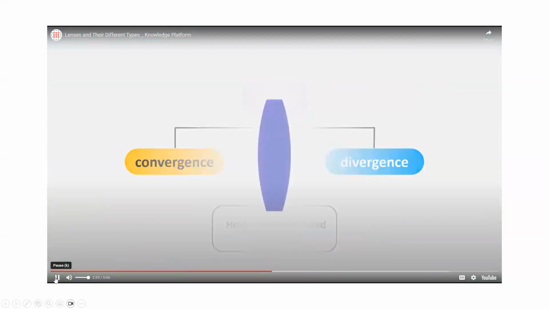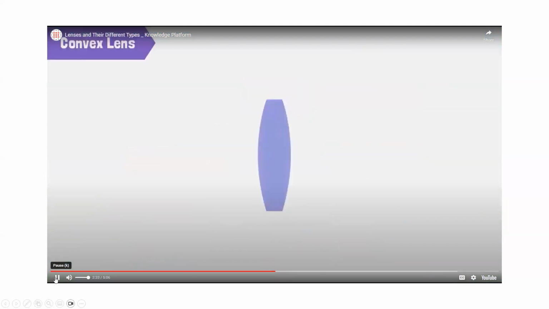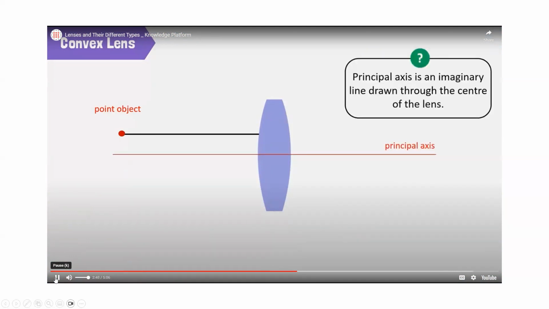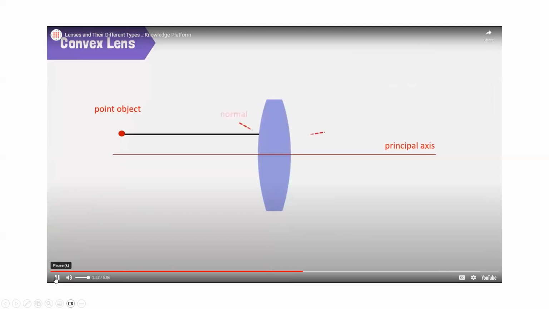Consider a convex lens. Somewhere far off, a point object emits a ray of light that falls on the lens. If a light ray that is parallel to the principal axis falls on the lens, the light ray will refract towards the normal as it enters the lens, because the lens is denser than the air around it.